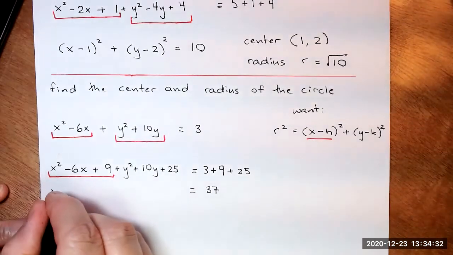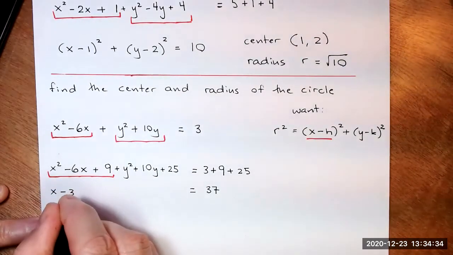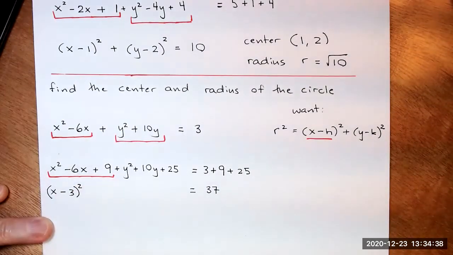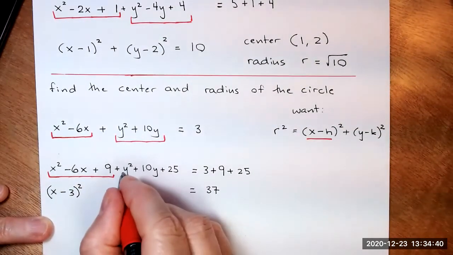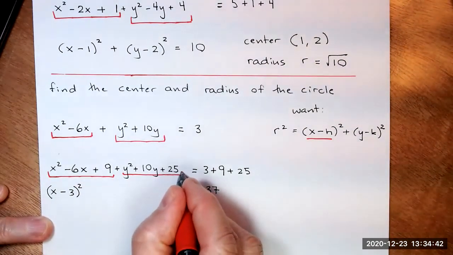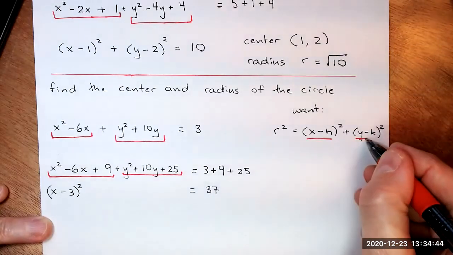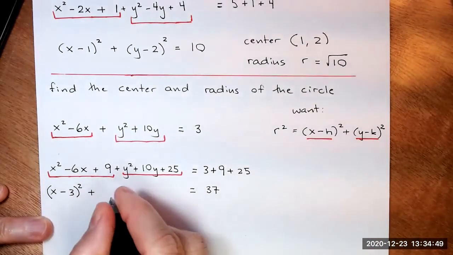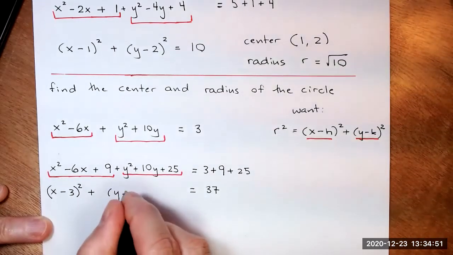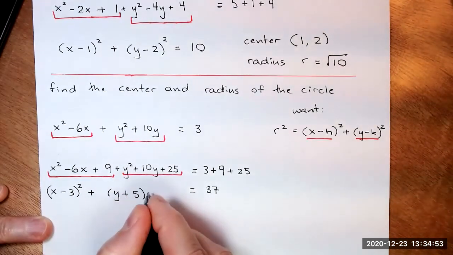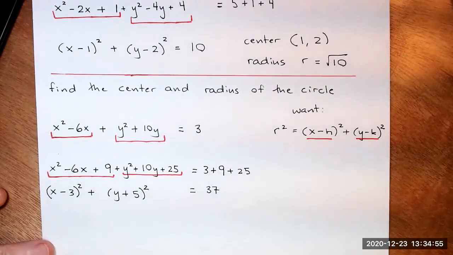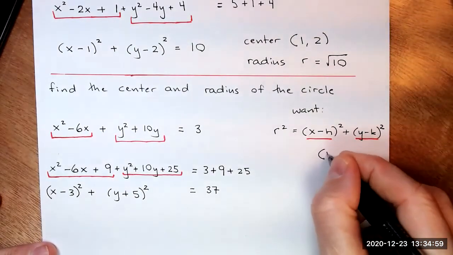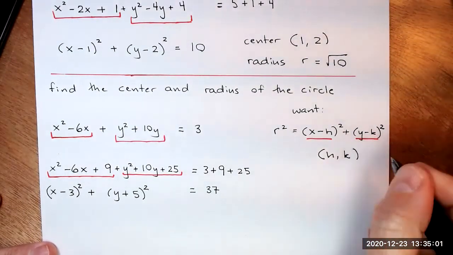And we take our perfect square trinomial and write it as a binomial squared. So it's just going to be x minus 3 squared. And then rewrite this perfect square trinomial as a binomial. That's y plus 5 squared. So the center is at h and k.